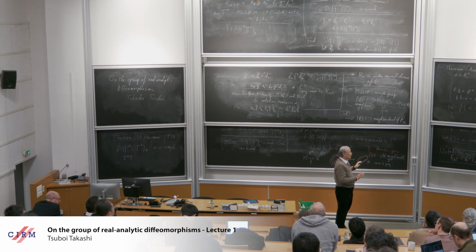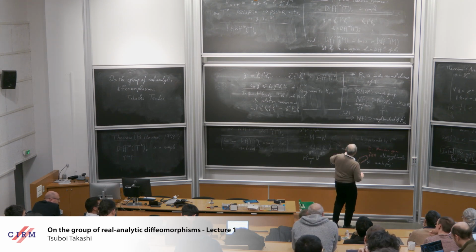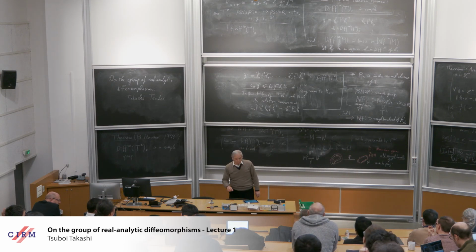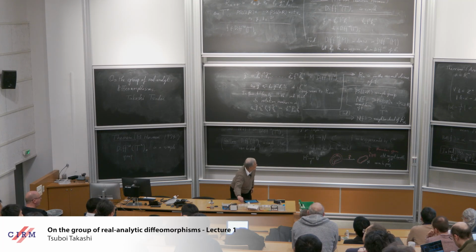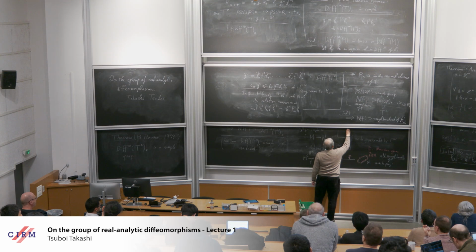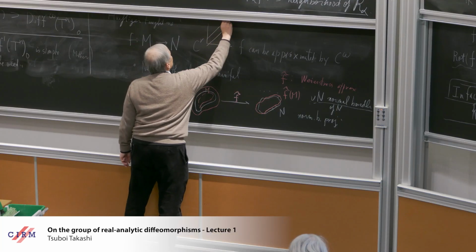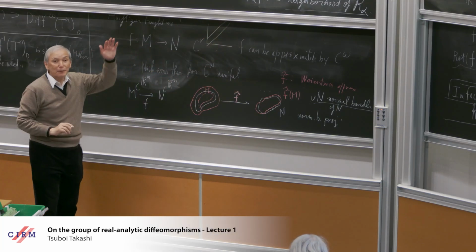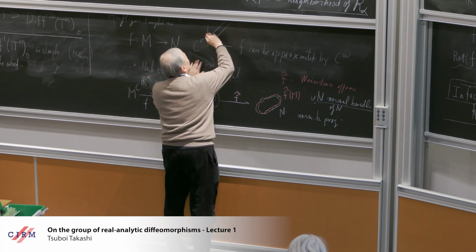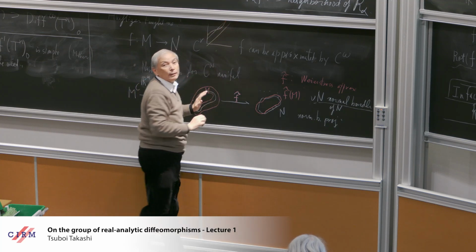So something like, I don't know how to draw it. If you have some rotational element, the one-dimensional case is very easy to explain. A rotational element is some translation, and if you conjugate it, you will have something like this.